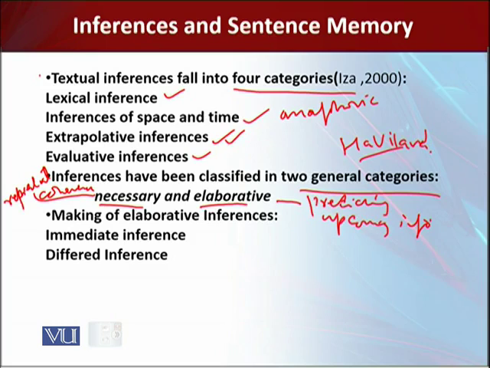Now, we are looking at the making of elaborative inferences. That is where we need to understand. When elaborative inferences are made, experiments showed that inferences necessary to establish the coherence of a text are made during the course of reading.